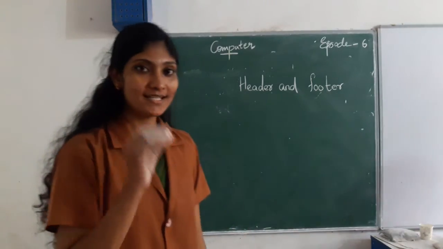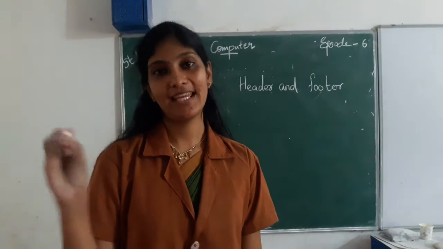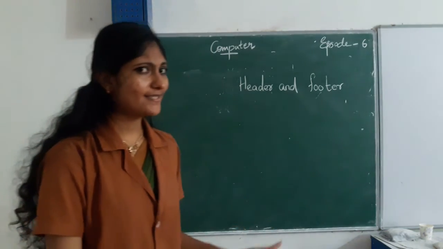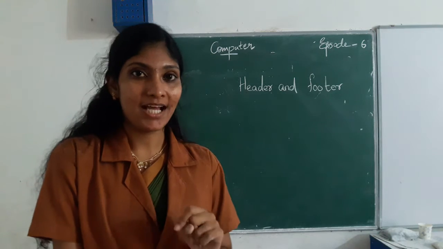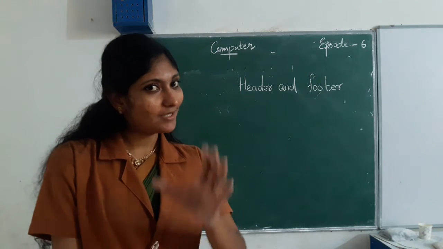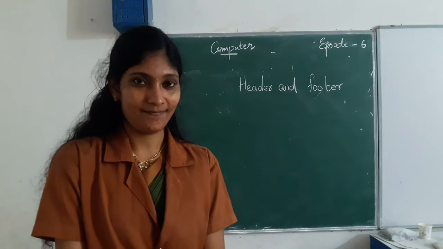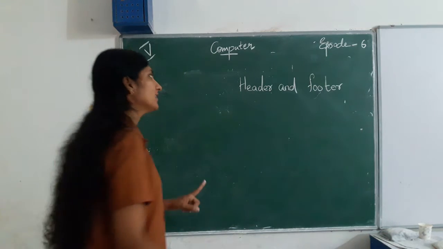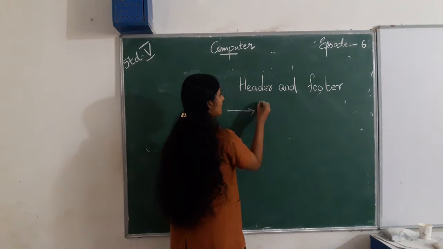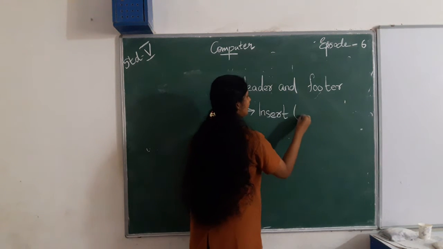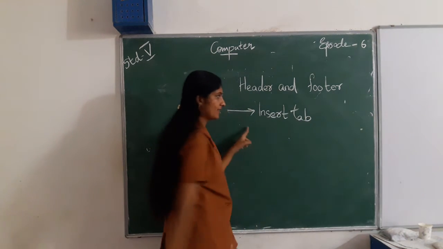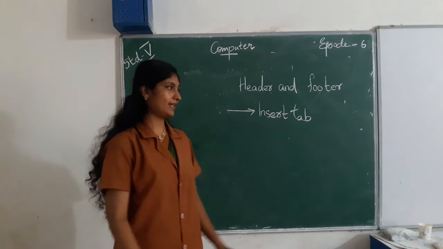So, what are the steps for adding a header in a document? First, go to the Insert tab. In the Insert tab, there is an option that is header. So first go to where? Go to the Insert tab.